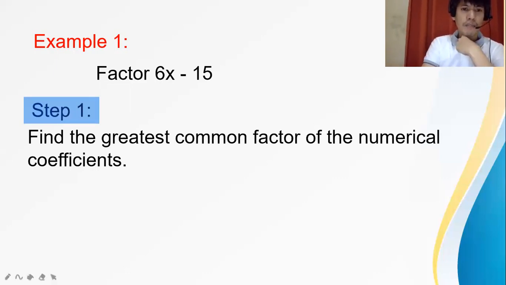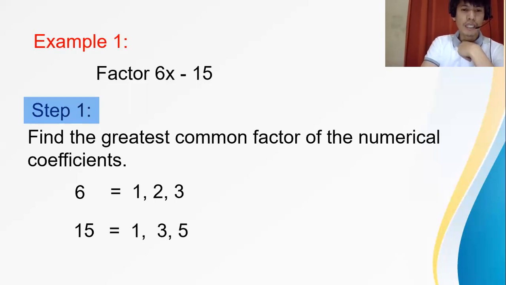Since we have 6 and 15, find the greatest common factor of the numerical coefficients. 6 factors, 1, 2, 3. Then 15 is 1, 3, 5. And then find the common factor. The common is 1 and 3. And then we are looking for the greatest. And therefore, the answer is 3.